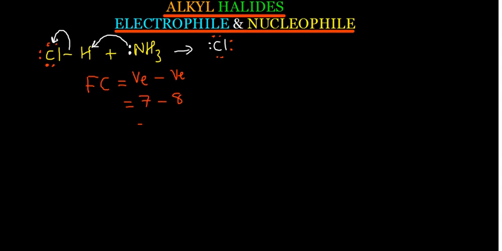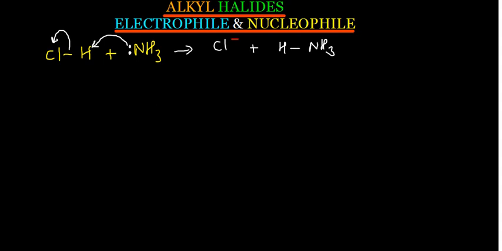So 7 minus 8 will give us negative 1. Because of that, this chlorine has a negative 1 charge. Okay, so it carries a negative charge like that. And then when these two electrons go onto the hydrogen, we are going to have a hydrogen now attached to ammonia. So this is what is going to be formed.